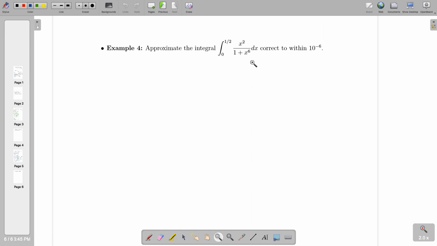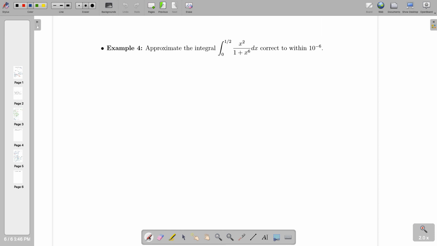Now, of course, you learn some numerical methods in Calc 2 that'll help you out. Simpson's rule, the trapezoid rule, the midpoint rule, those kinds of things. And those are great, but here's another way that we can go at this. If I can express that particular integrand as a power series, then I can integrate term by term.